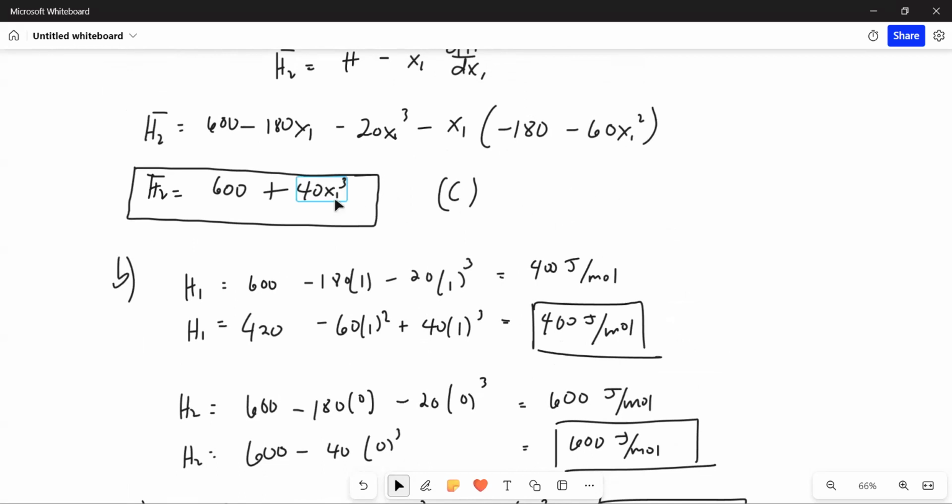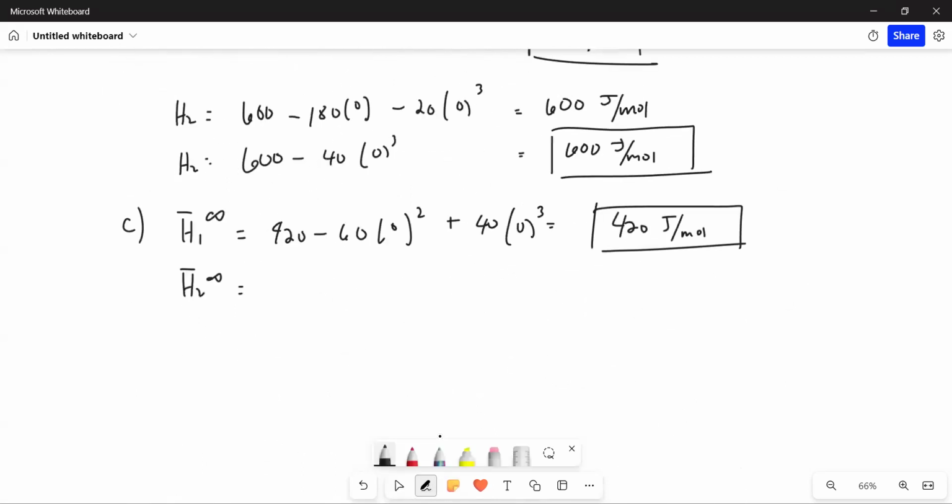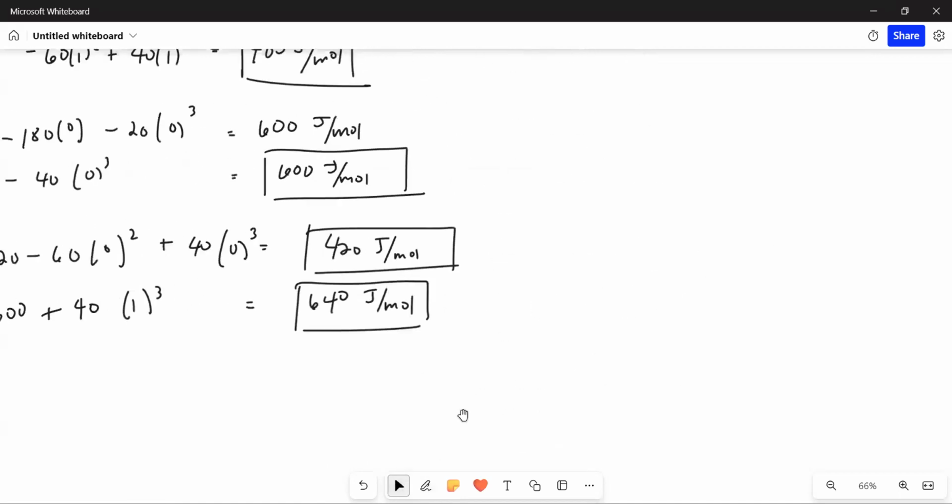What should be x sub 1? x sub 1 should be 1, because the infinite dilution happens to species 2, so we simply set x sub 1 as 1.